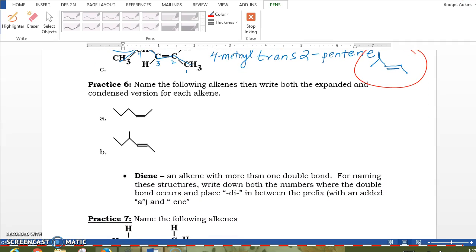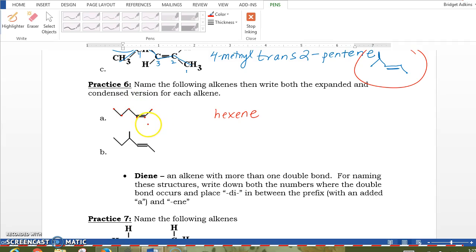All right. They've given me line notation, and they want to know the expanded and condensed and naming it. So I think the easiest thing, and I don't know if this will help, this usually helps me, is if I come through and I count my carbons. So I've got 1, 2, 3, 4, 5, 6. I see a double bond, so I know it's going to be hexene. And looking at this, does it look like the boat?